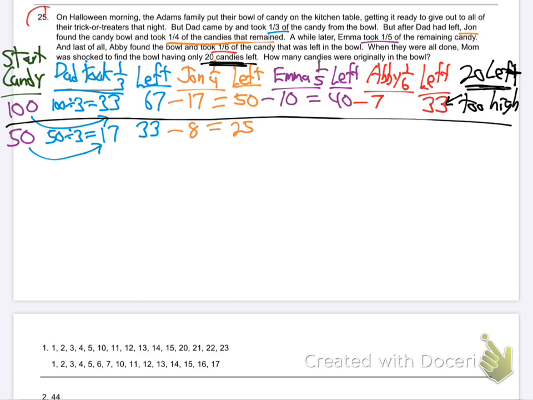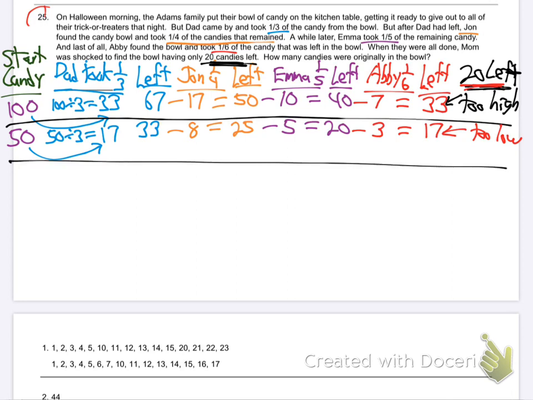And then Emma took a fifth, divided by 5. She took 5. Subtract that, that leaves 20. Abby took a sixth. 20 divided by 6, you get 3. Abby took 3. That leaves 17. How many are supposed to be left? 20. This came out too low.